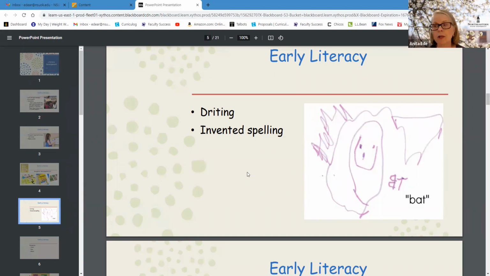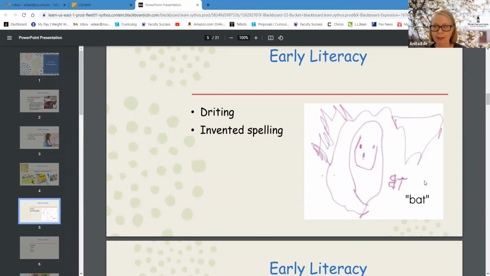Invented spelling, very important to allow children to invent their spelling. For instance, you'll see the consonants, beginning consonant and ending consonant for bat. The vowel's not in there yet. But when children use invented spelling, it is a process. You'll start out with just one consonant. For instance, oftentimes if a child that's just starting to write is doing a picture of a bat, they'll have a B on there, and that B means bat.